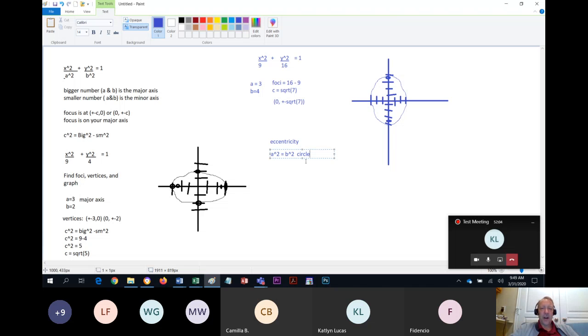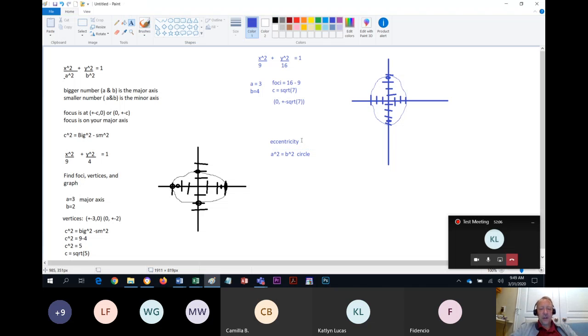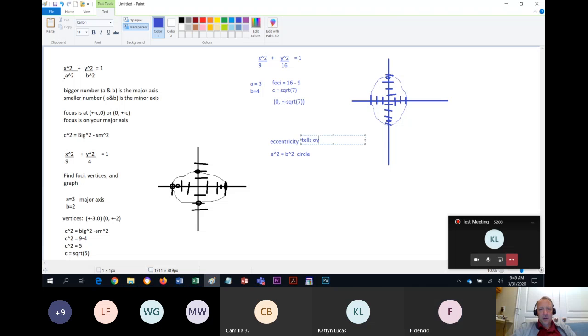Okay. So the idea here, eccentricity, tells you how oblong it is. Okay.